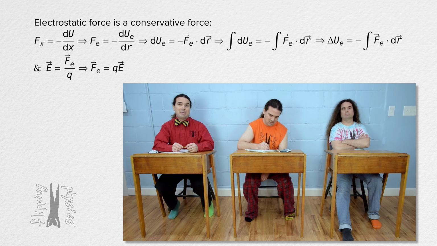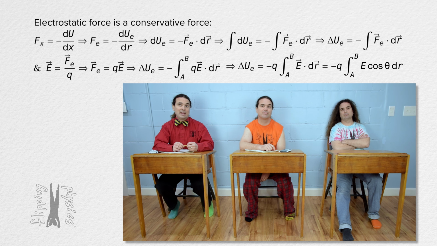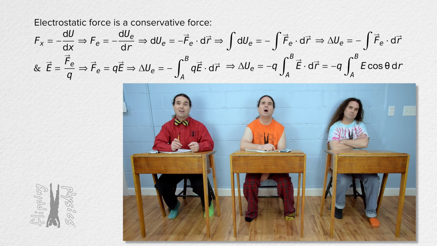We can substitute that back into the electric potential energy equation. We can assume the charge and the electric field are constant, so we can take charge out from under the integral. And we can have either the dot product version of the equation or the one without vectors and the cosine of the angle between the direction of the electric field and displacement dr instead of vectors.